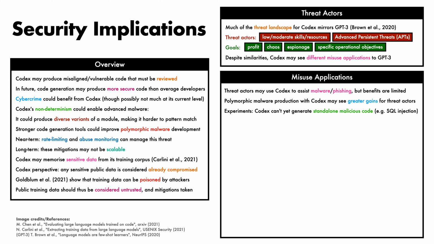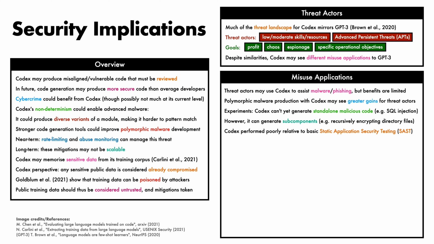A set of experiments conducted by the Codex authors suggests that the model is not capable of generating standalone malicious code, such as SQL injection code, but it can generate subcomponents, such as recursively encrypting directory files. From a vulnerability discovery perspective, it was found that Codex performed poorly relative to basic static application security testing, or SAST, tools that are good at spotting issues via rule sets.